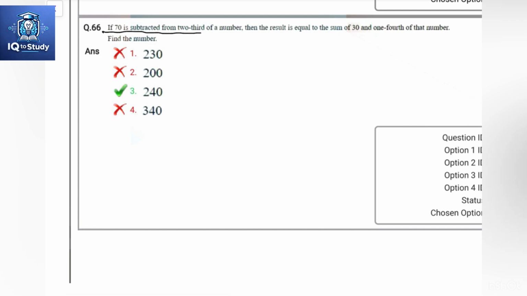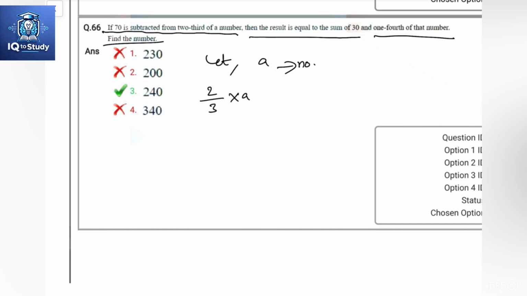If 70 is subtracted from 2/3 of a number, then the result is equal to the sum of 30 and 1/4 of that number. Find the number. Let the number be a. As per the question, 2/3 of the number minus 70 is equal to 30 plus 1/4 of a.